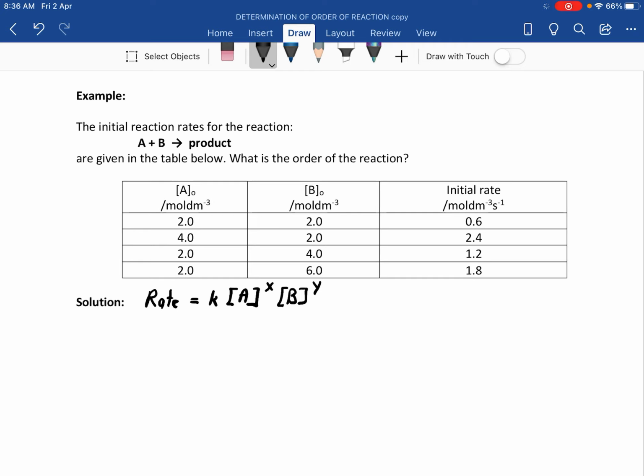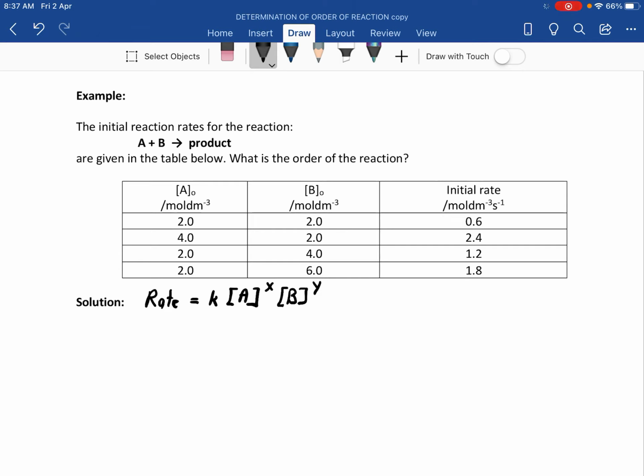Then we are going to find the relationship between the changes in concentration of each of A and B and how they affect the rate of reaction. If we want to find the effect of the concentration of A on the rate of reaction, then we should find a constant value for B, and vice versa.